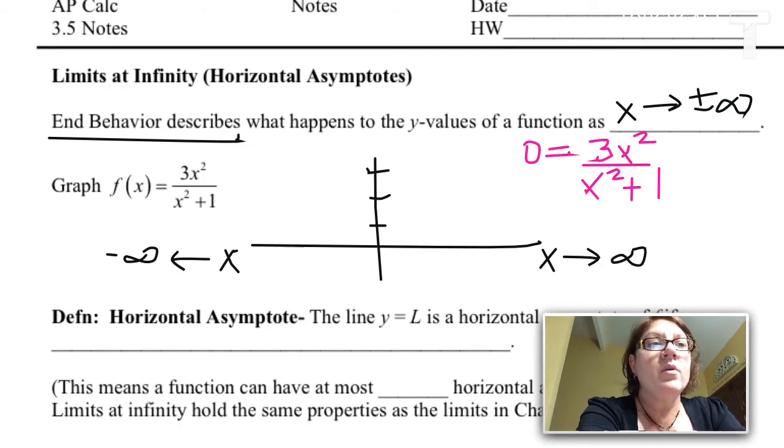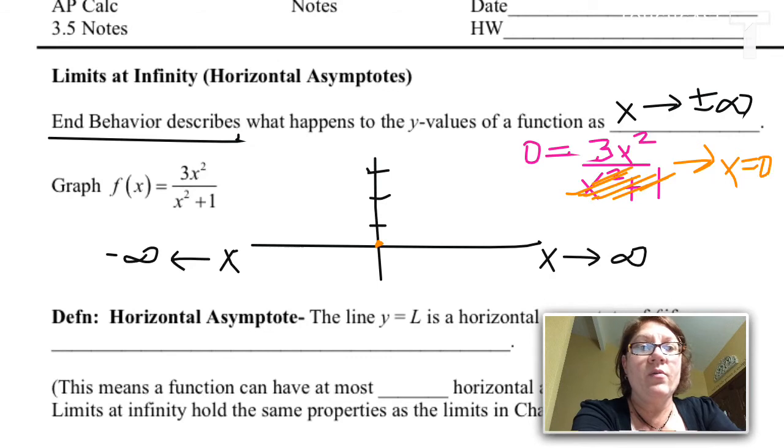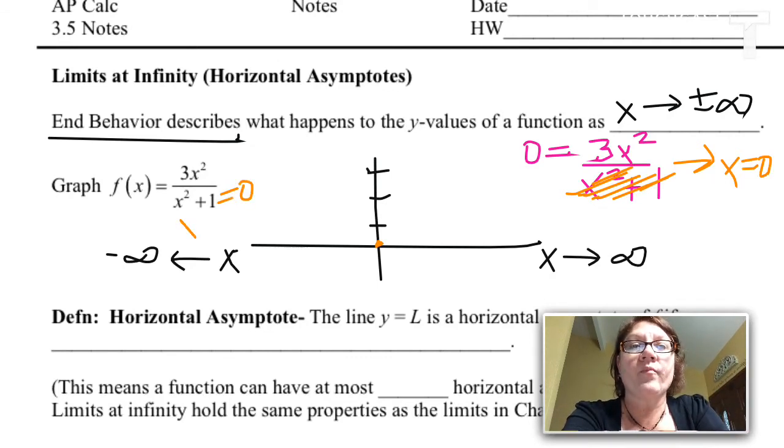So really, I don't need to worry about this. A fraction is only equal to 0 when the numerator is 0, which means x is 0. So I have an x-intercept on the origin. And then when I'm looking for the vertical asymptote, I would set that denominator equal to 0. And so I'm going to get x squared equals negative 1. Of course, that's a no solution.